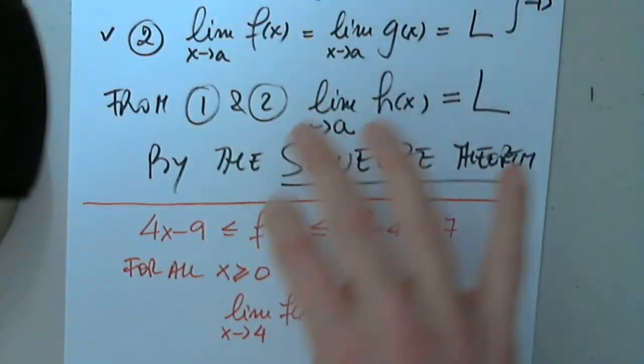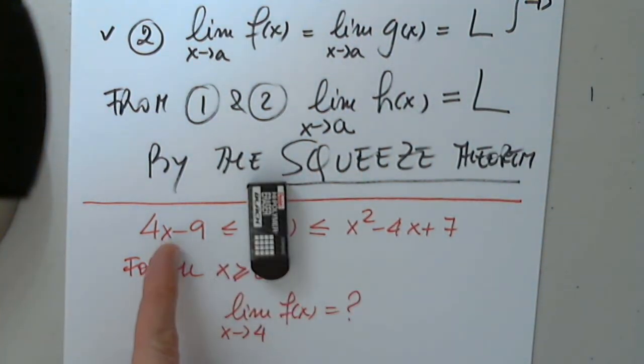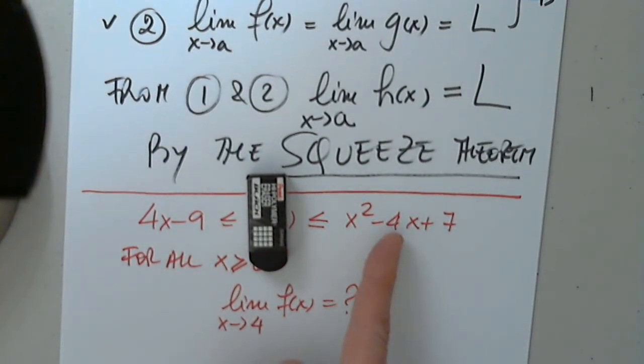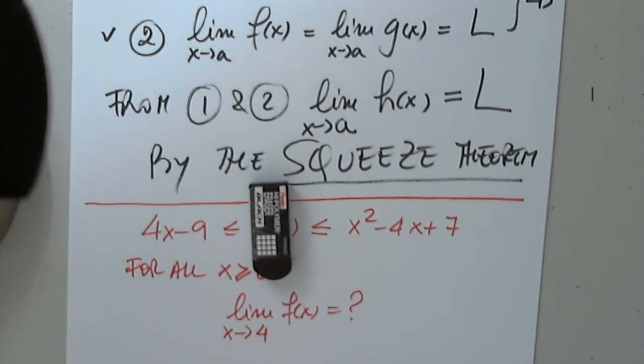Don't get entangled in the notation. It's not important. So I'm given a lower function and an upper function. And I'm asked to find the limit as x approaches 4 from either side. So the first hypothesis is already fulfilled. What should I check? What should I determine now in order to find this limit?